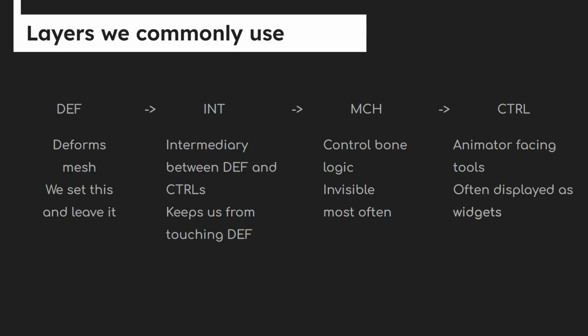These are things such as your FK bones, IK bones, and any sort of bendy bone functionality, which is usually going to be hidden as an MCH bone. And the control bones, at least the ones that are animator facing, are the ones that are displayed as widgets instead of just the regular bones, to help distinguish between bones you can interact with and bones you can't.